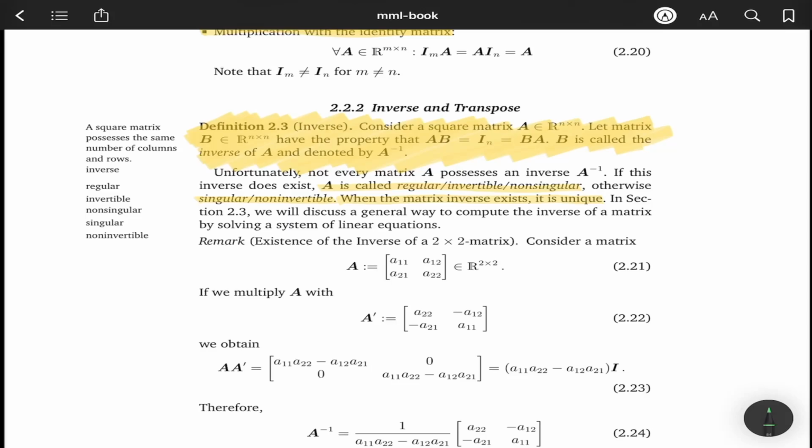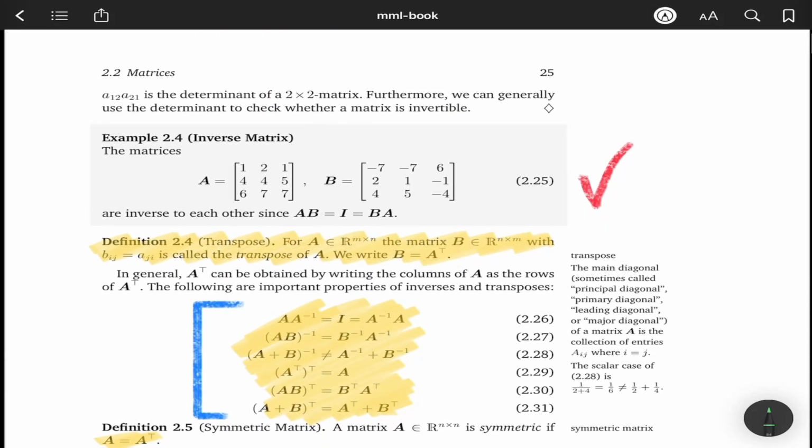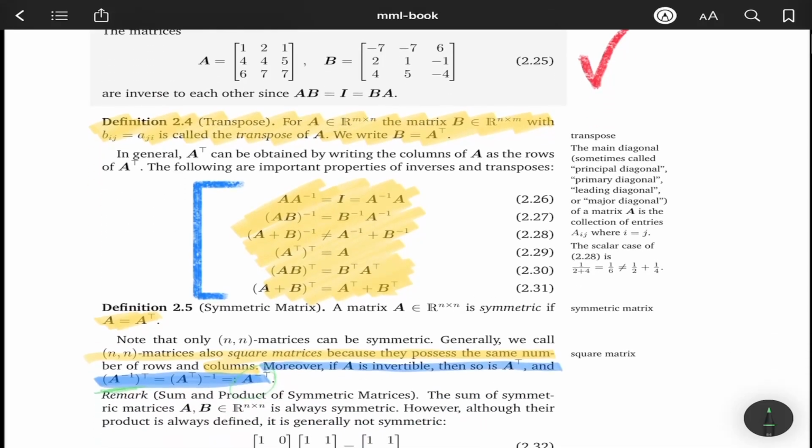Okay, something I have overlooked is this point. It says that consider a square matrix A. So the whole inverse case was made for the inverse of a square matrix. If the matrix is not a square, can we do then the inverse? Even the example had a square matrix.